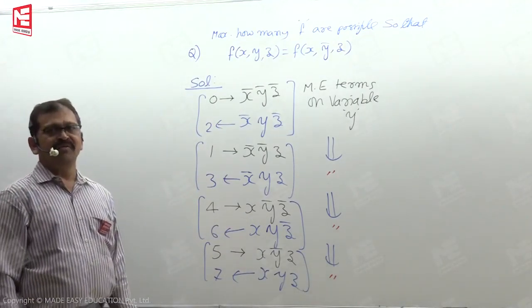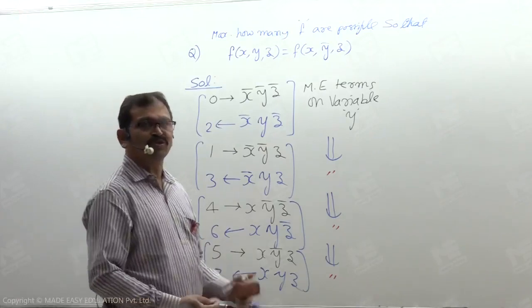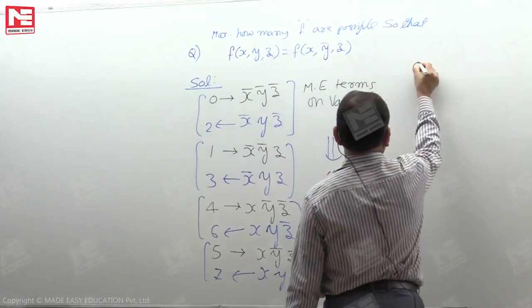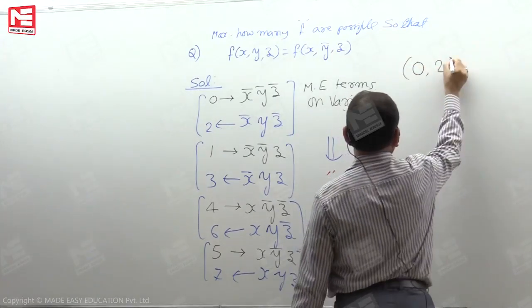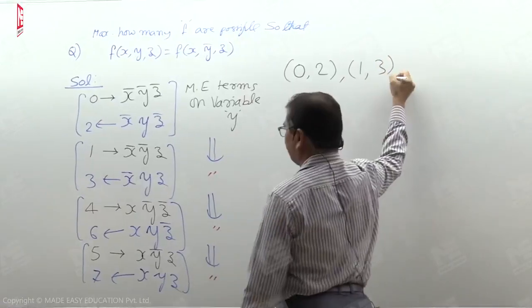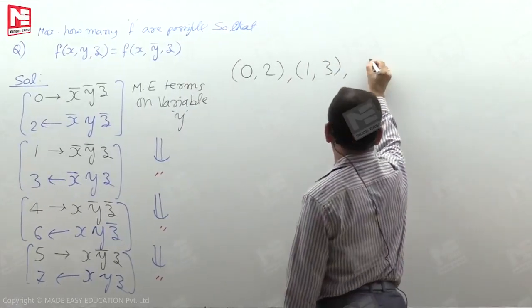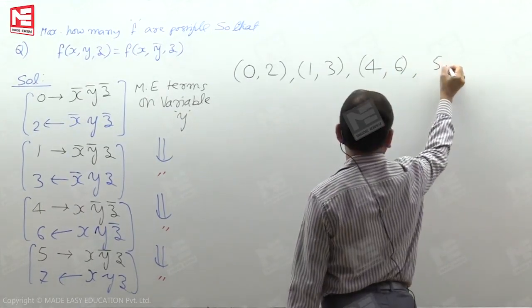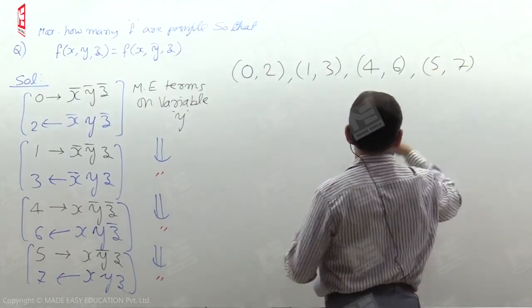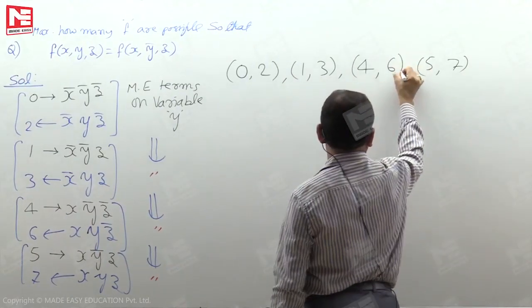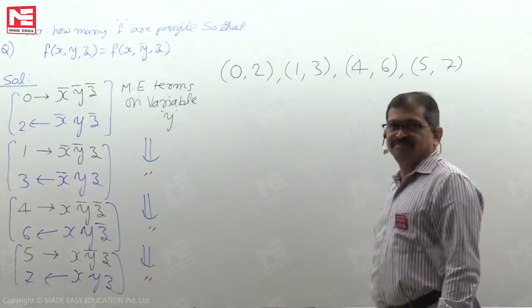So with respect to variable y, there are 4 mutual exclusive pairs: 0, 2; next 1, 3; next 4, 6; next 5, 7. These are the mutual exclusive pairs on the variable y.